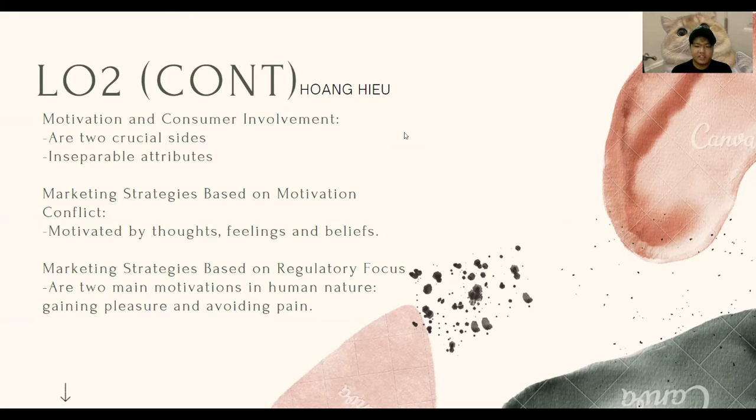Now I will continue to talk about learning object two. Motivation and customer involvement are two crucial sides of decision making pertaining to purchasing a product. They are inseparable attributes that influence the customer to make the decision to buy or not to buy a product. A motivated customer gets involved in research and analysis activity pertaining to his purchasing before taking a final decision.